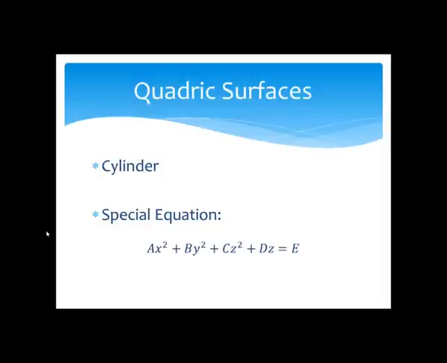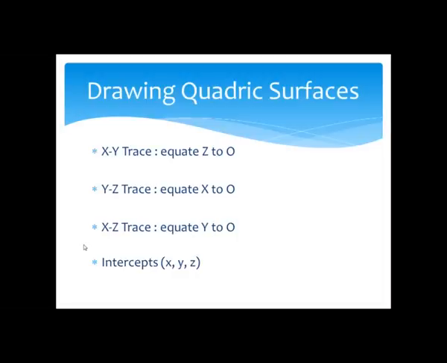They all can be expressed in the special equation given below here: ax squared plus by squared plus cz squared plus dz equal to e. To draw quadric surfaces, we need to examine 4 things. We have to know the xy trace, the yz trace, the xz trace, and the intercepts of x, y, and z.